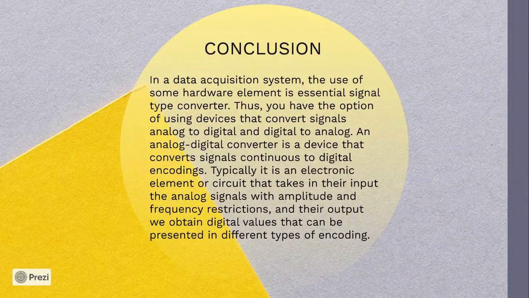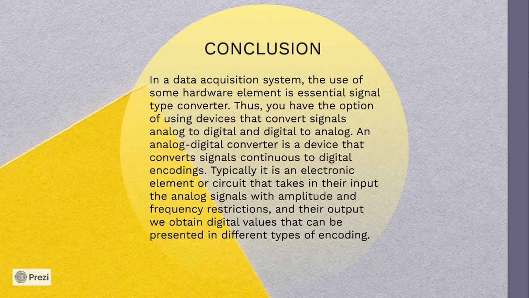Conclusion: in a data acquisition system, the use of some hardware element as a signal type converter is essential. Thus, you have the option of using a device that converts signals from analog to digital and digital to analog.